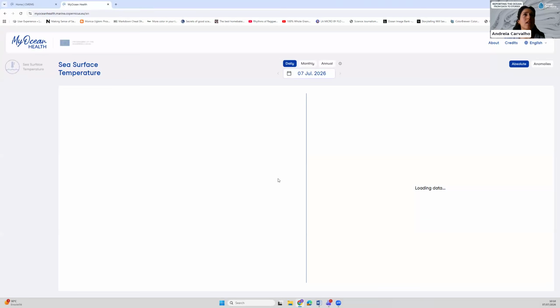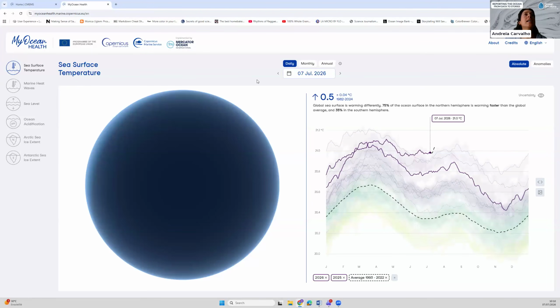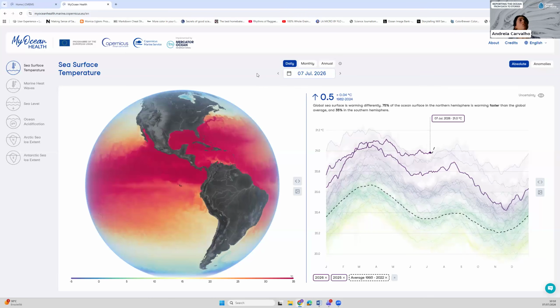You can click and access the tool straight away. So this tool has been designed to inform the public about the state of the ocean, and to allow ocean monitoring in an easier and more accessible way to everyone. I'll just close the little pop-up window here so that we can see the whole screen.